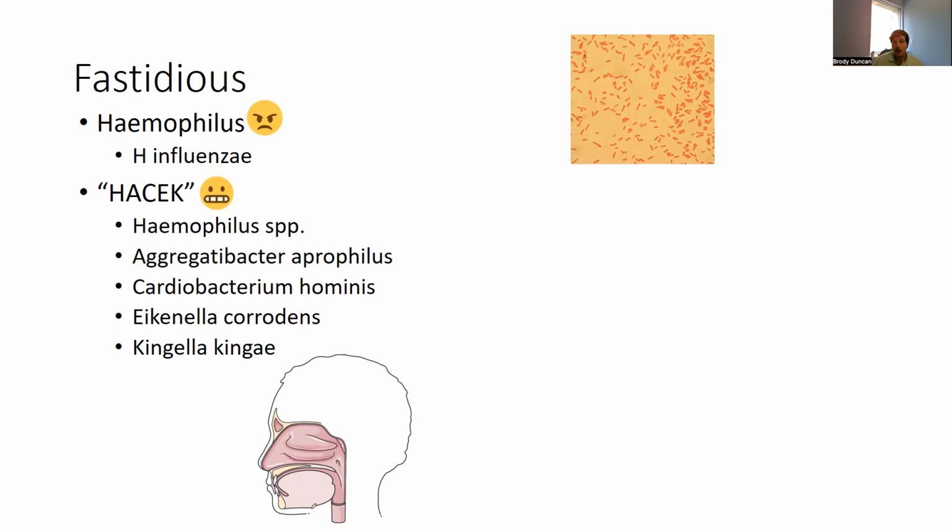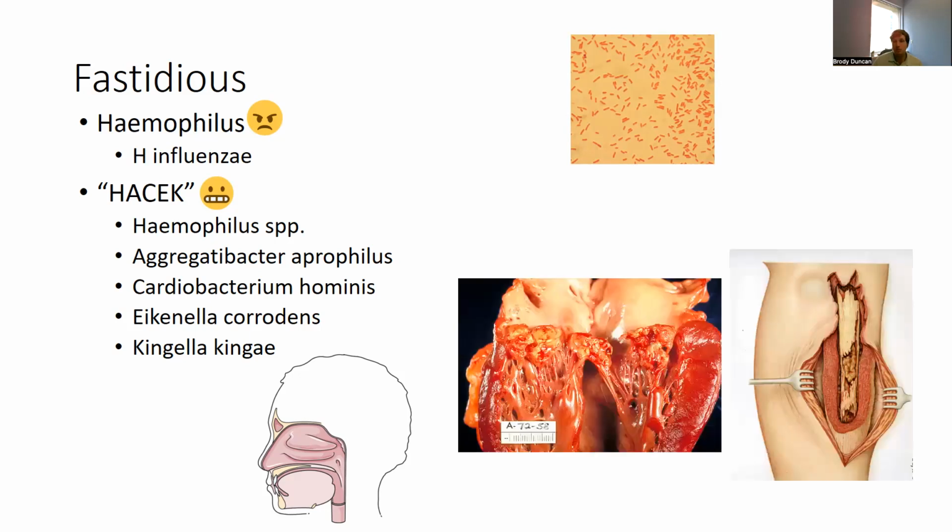But in some unlucky patients, they do, for whatever reason, cause invasive disease. Like we see infective endocarditis with all of these HACEK organisms. Because they're not very virulent, it sometimes takes months, up to a year, for them to be overtly ill. But you do see life-threatening disease from HACEK organisms.